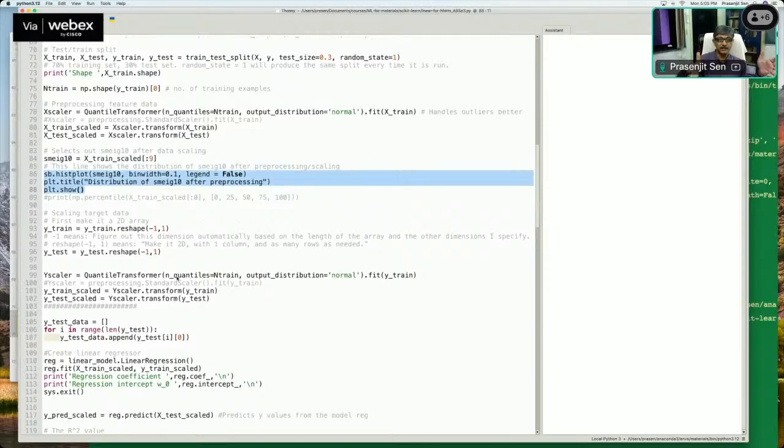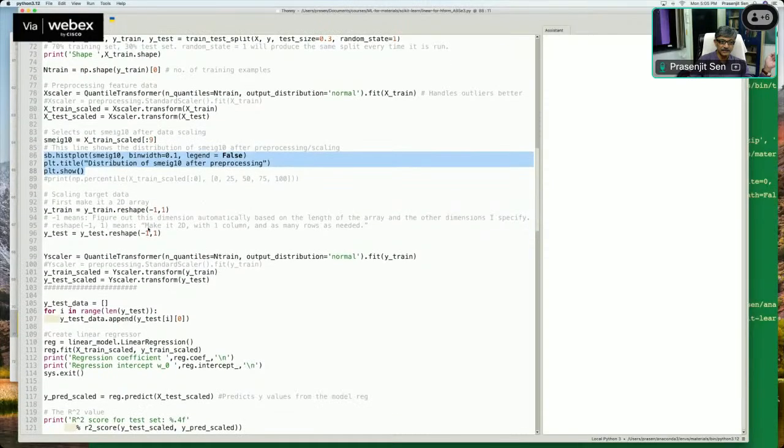I have defined the transformer for data pre-processing on these feature vectors, and then I have split my data into training part and test part, and then found out the transformer based on the training part. I have done the same transformation on the training set and the test set.